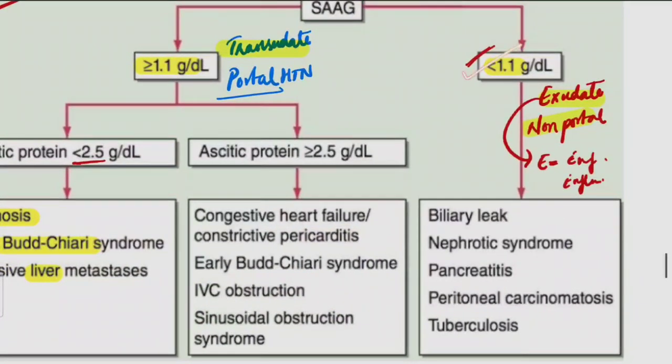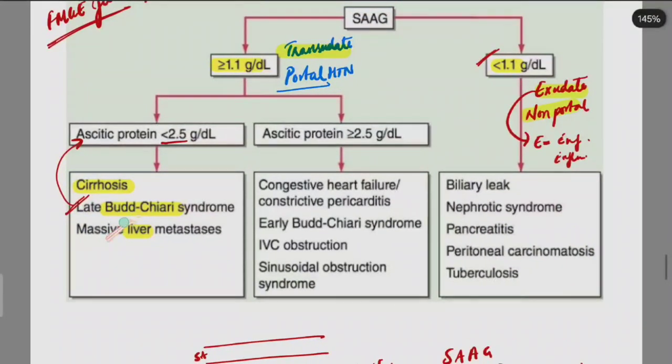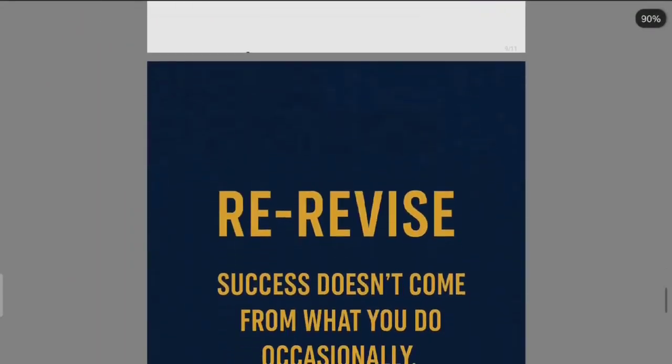And less than 1.1, it is exudate: infection, inflammation and leaks, biliary leak, nephrotic syndrome where albumin is leaking, pancreatitis, inflammation, peritoneal carcinomatosis, not the liver mets. Whenever it's liver, we know it has to be transudate, and more than 1.1 will be the gradient. And one more infection would be tuberculosis, and that's it. I'm going to end it here.